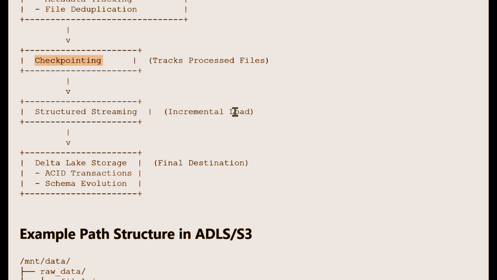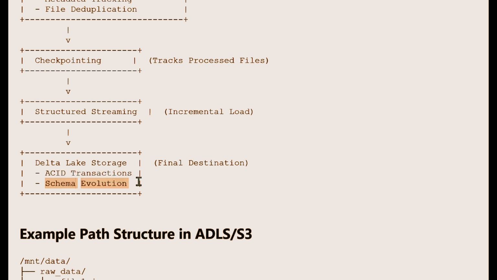Now, moving from there, we get to the final destination, where the data that has been streamed will be placed into Delta Lake storage, where ACID transactions occur and schema evolution happens.